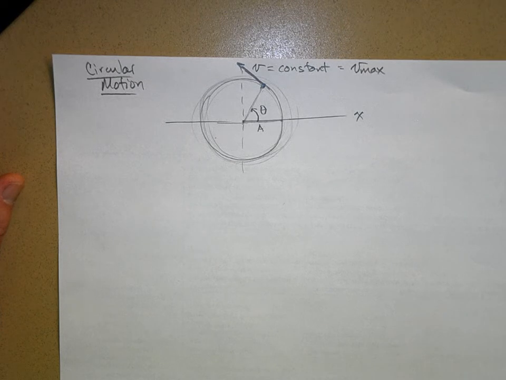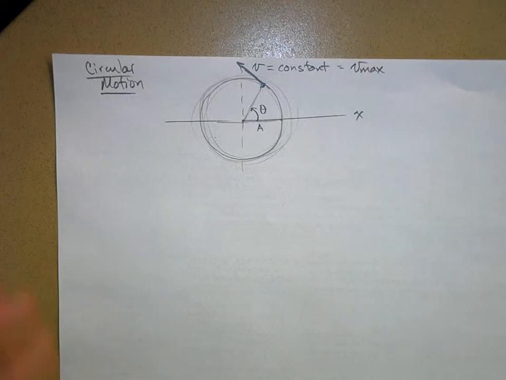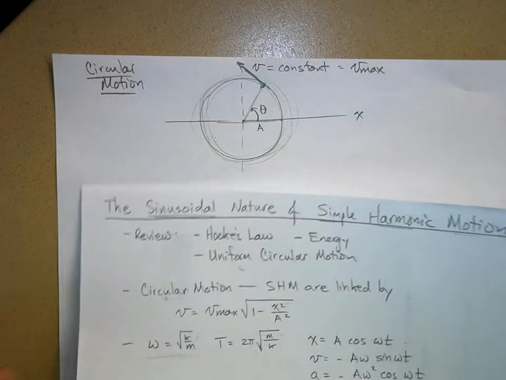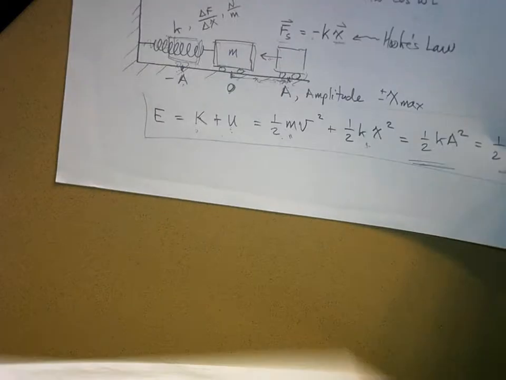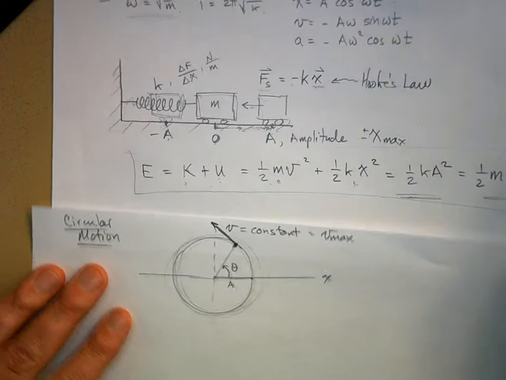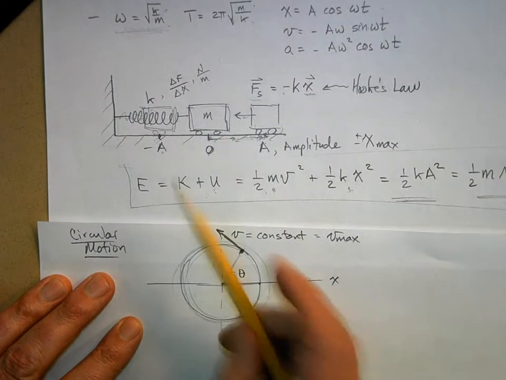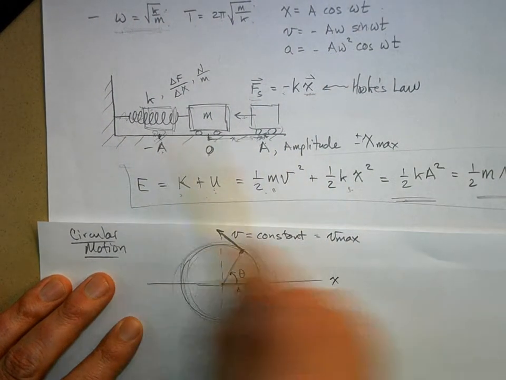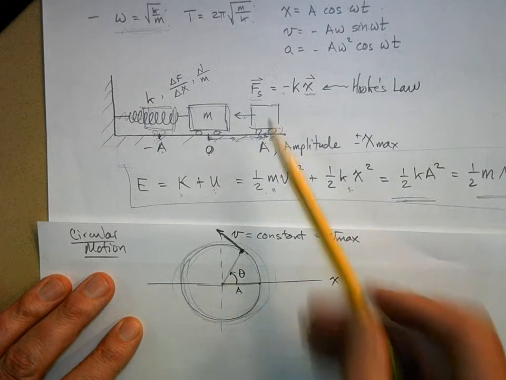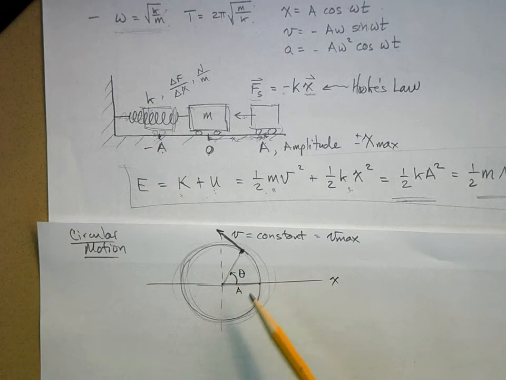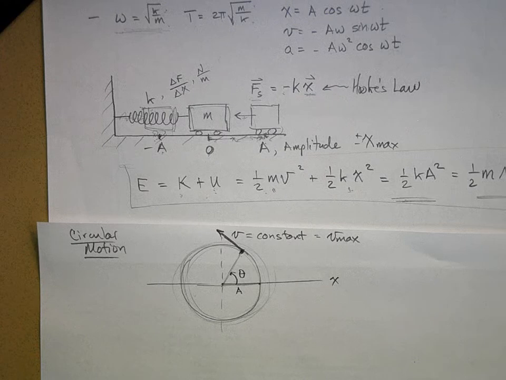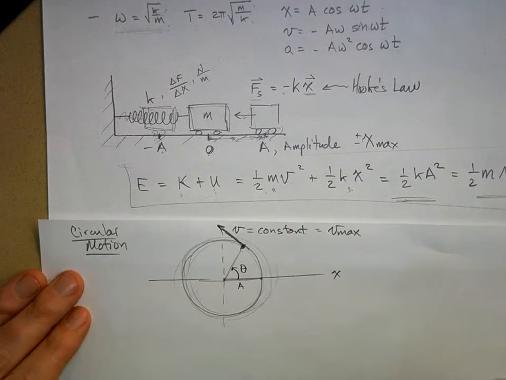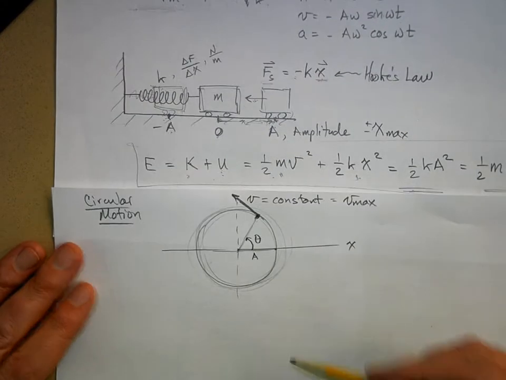Now, what we're going to do is show that for this mass spring oscillation, there is a link between it and this circular motion right here, and so let's do that. I'm going to do it in 2 different columns here.